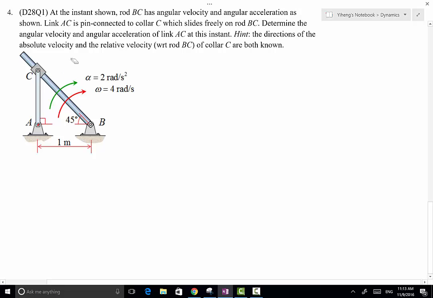With this information, we're going to solve this problem using the relative motion analysis with rotating axis. We're going to choose the rotating axis to have the origin at point B. Therefore, the rotating axis rotates with this rod right here.